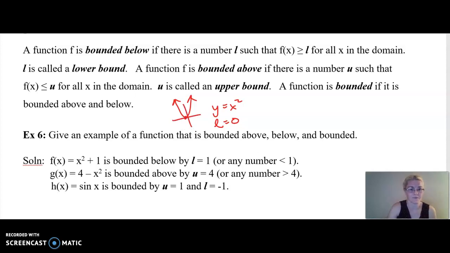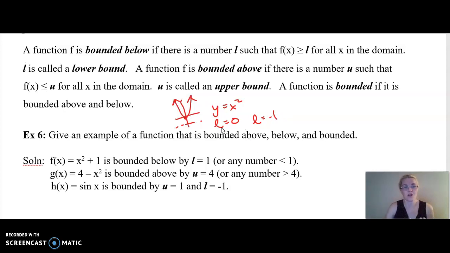Oh, that's sloppy. Let's draw straight through it. So xy, lower bound. All the x values, f of x, all the y values, right here, are greater than that lower bound. Notice L equals -1 is also a lower bound because all of these y values are bigger than -1.